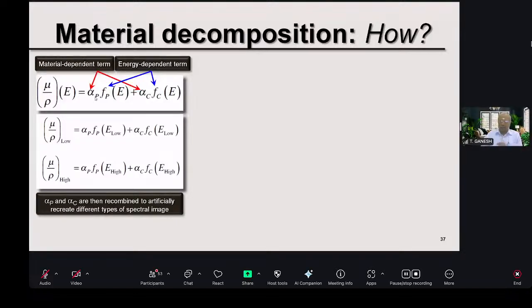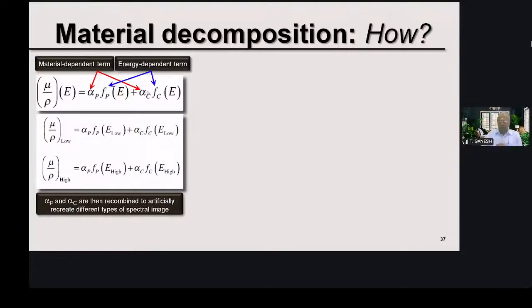So this is the form we write: mu by rho has a photoelectric component and a Compton component, and within that we can see there is a material dependent term and an energy dependent term. If we image at two different energies, one at low energy and one at high energy, we can write these equations like this.